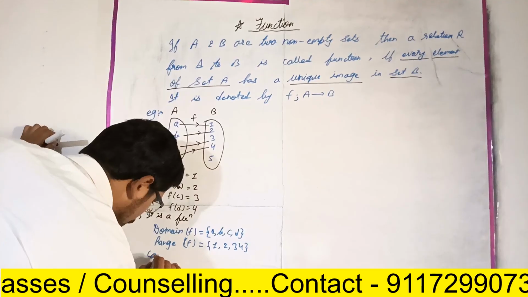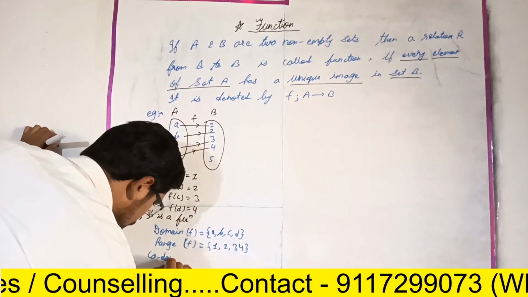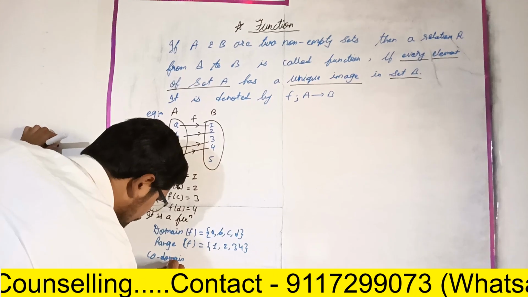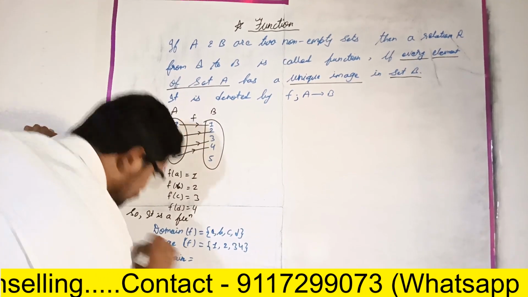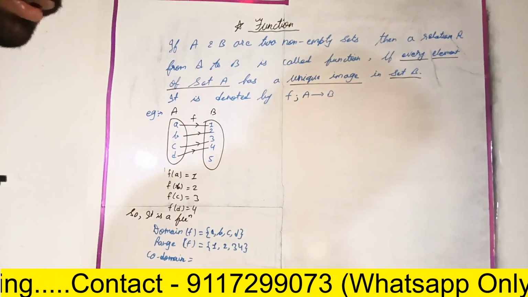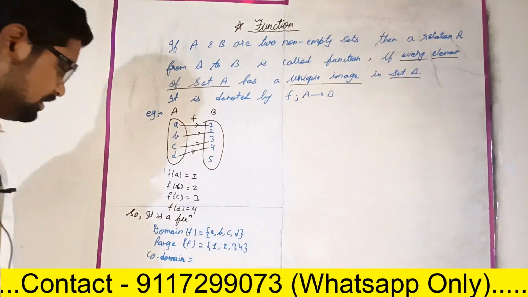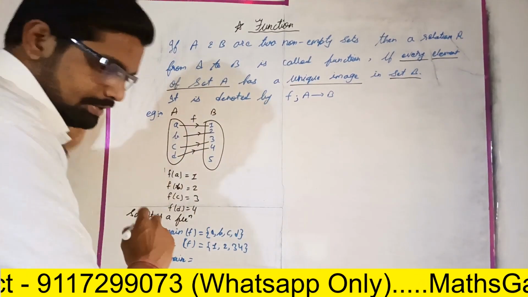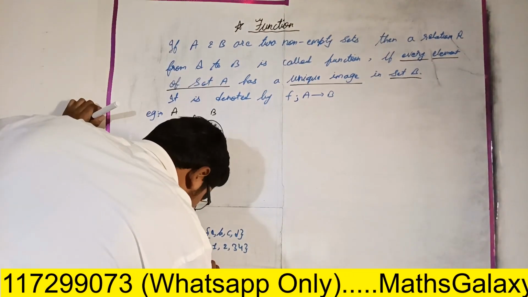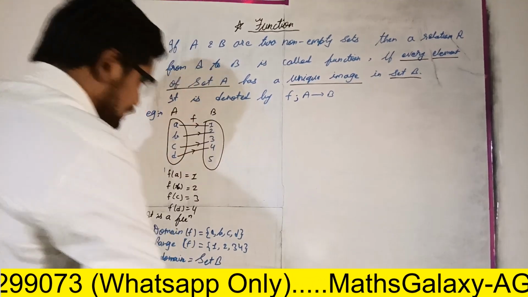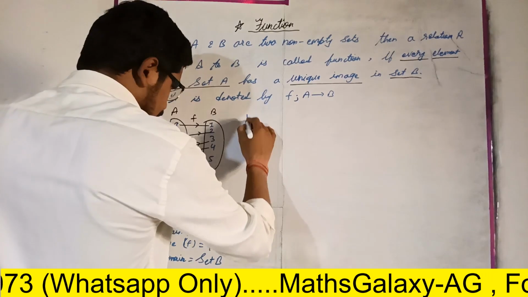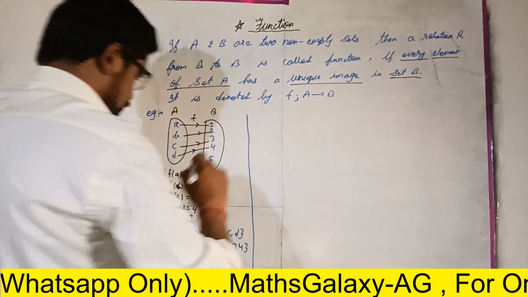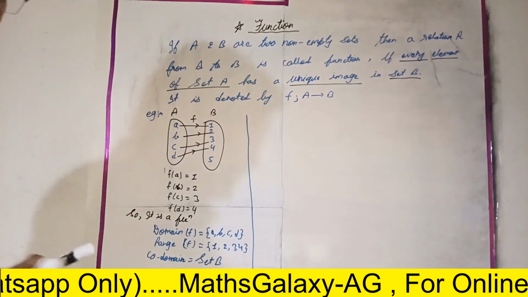And what will be codomain? We have already learnt it in relation. Codomain will be set B. Set B will be the codomain. Okay, is it clear or any doubt? No doubt. Let's again understand it.